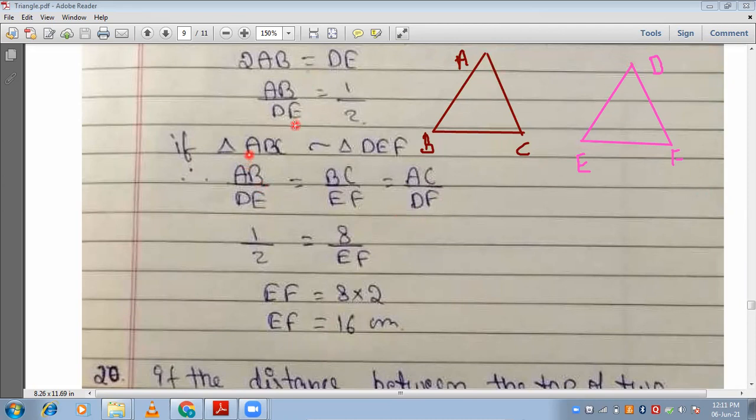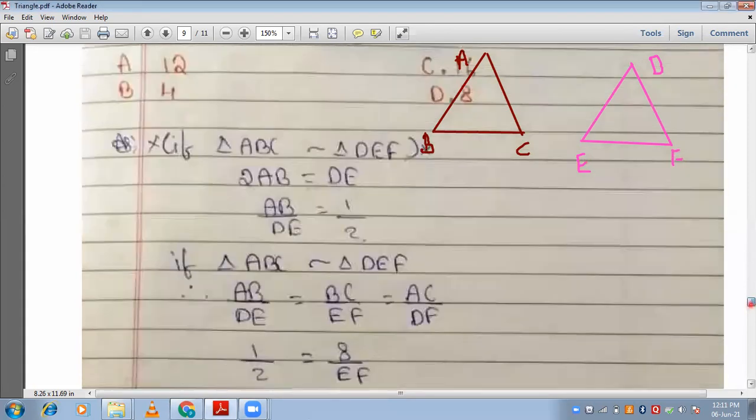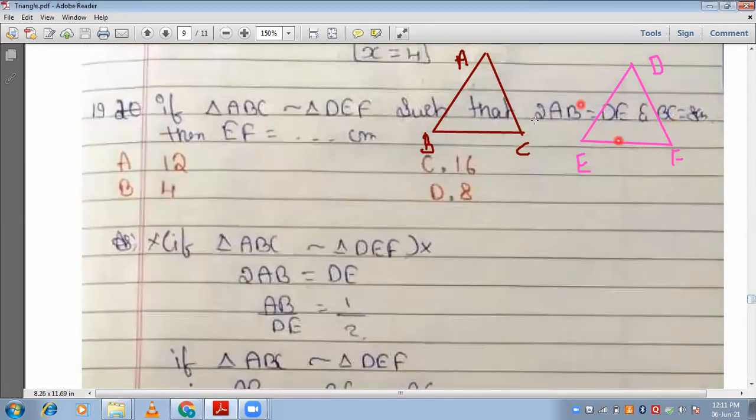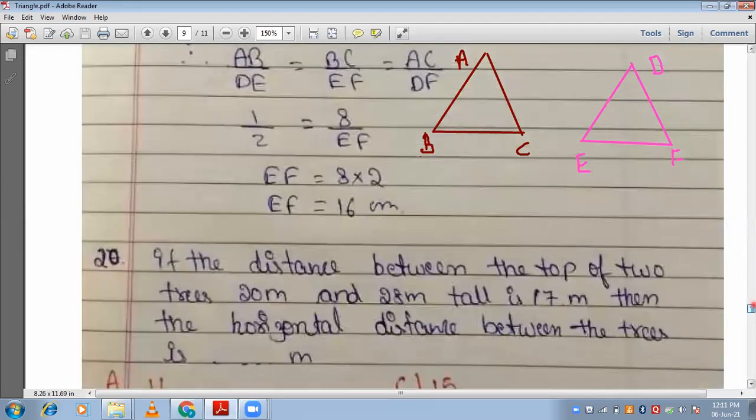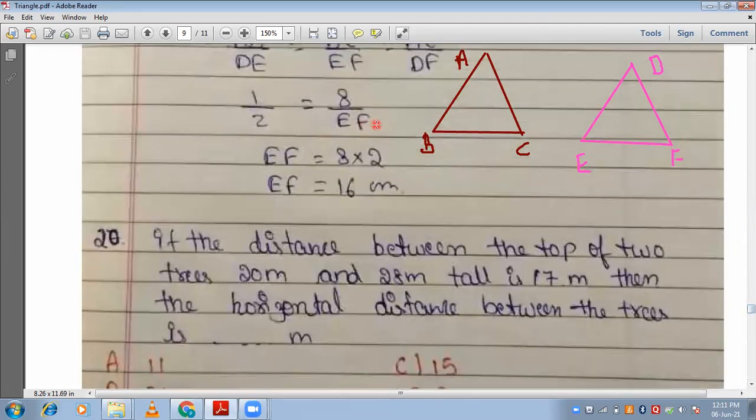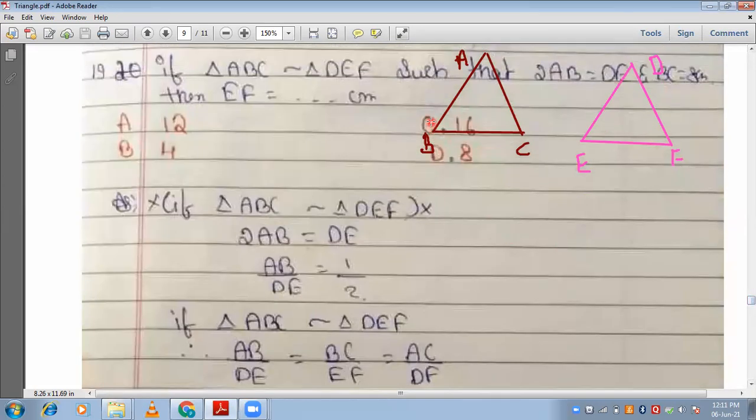Now we know AB by DE is 1 by 2, and they also gave BC is equal to 8 centimeter. Substitute here BC is 8 divided by EF. So cross multiply, you will get EF is equal to 16 centimeter. So which option is right? Option C is correct.